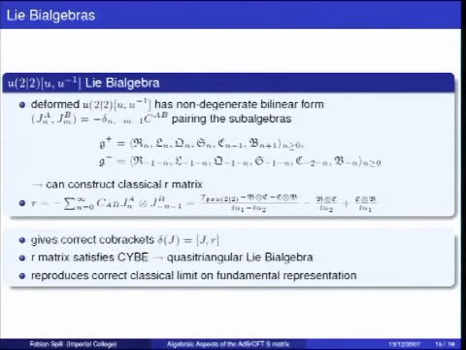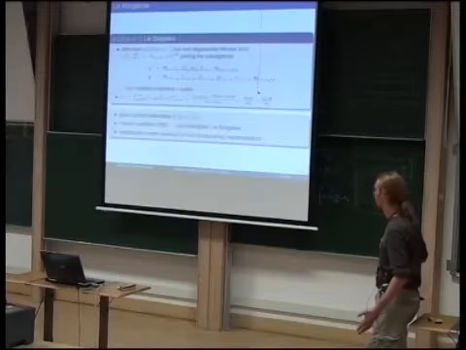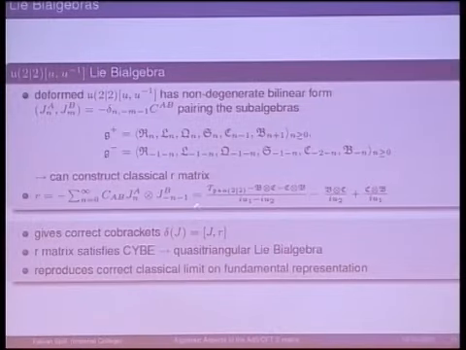So this classical R matrix gives the correct co-brackets, and it satisfies the completely abstract classical Yang-Baxter equation, which means that we have a quasi-triangular Lie bialgebra. And if we now plug in the fundamental representation, we reproduce the correct classical limit, which you get when you take the quantum S matrix and expand in the limit I've shown before.